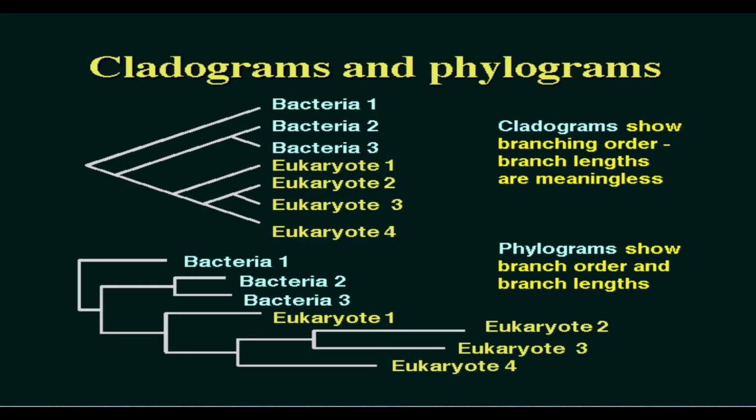So just an example, a cladogram in the upper part of the graph here shows the relationships. These bacteria are related to each other, these eukaryotes are related to each other, but the relative distances are not meaningful. The phylogram down here is meant to have important distances.